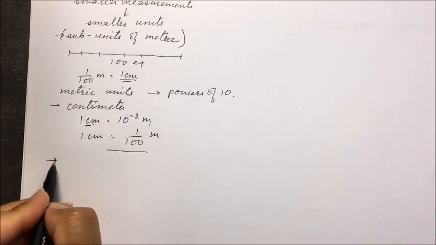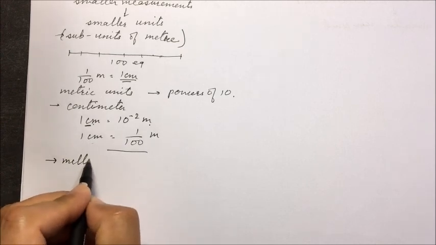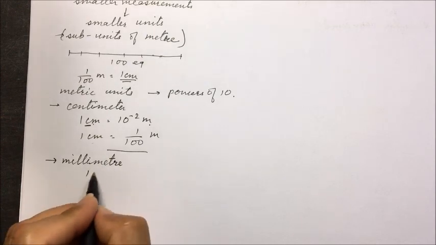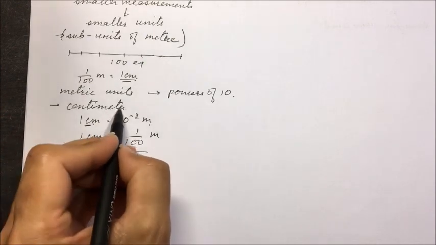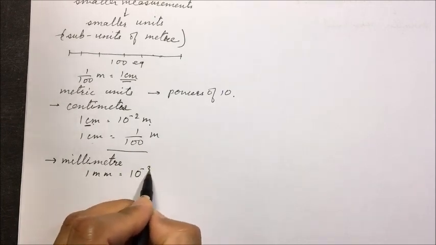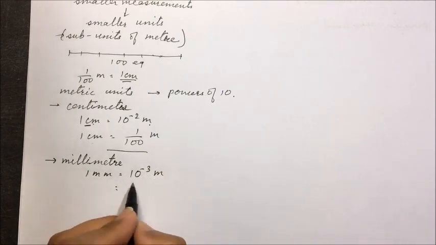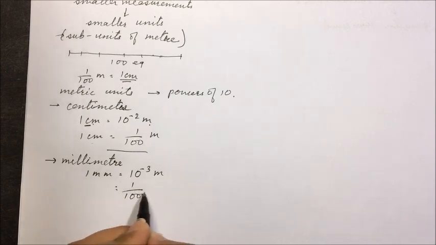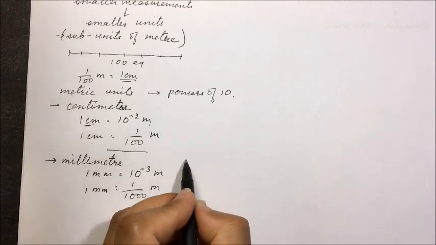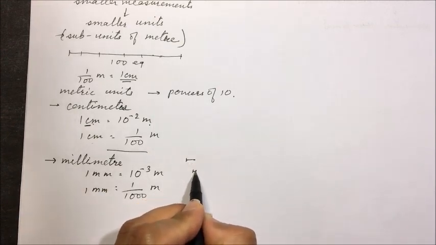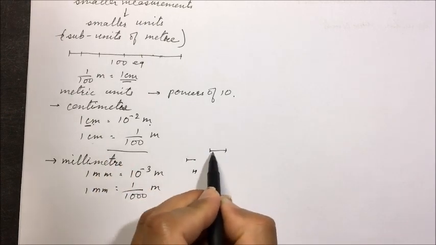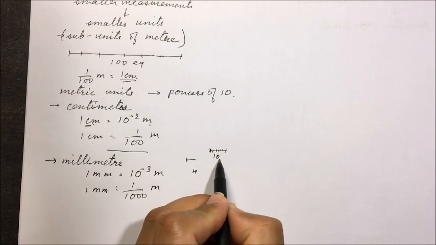Second, we will be discussing millimeter. 1 millimeter equals 10 raised to power minus 3 meter, that is 1 by 1000 meter. For example, we have to measure this length. Centimeter will be a bigger unit for this length, so we divide the centimeter into 10 equal parts.